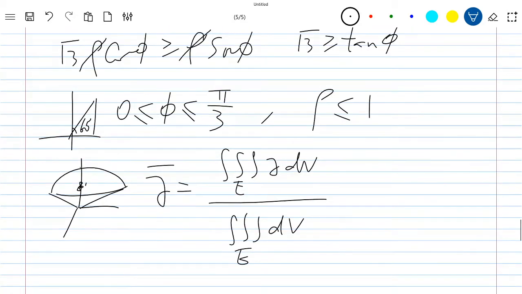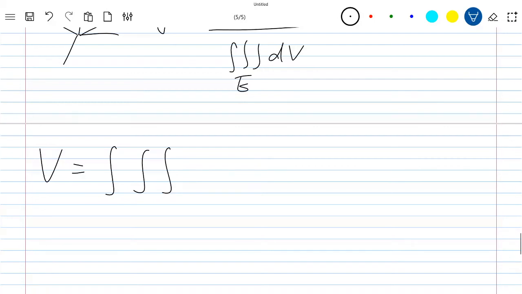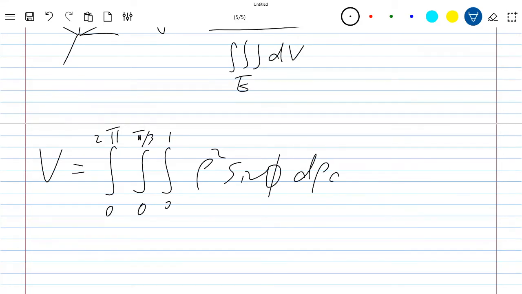If you remember, this is phi, this is phi, this is rho, right? So it's between 0 and pi over 3, and 0 and 1, and of course for theta it's 0 to 2 pi, that's simple. Sine phi d rho d phi d theta.